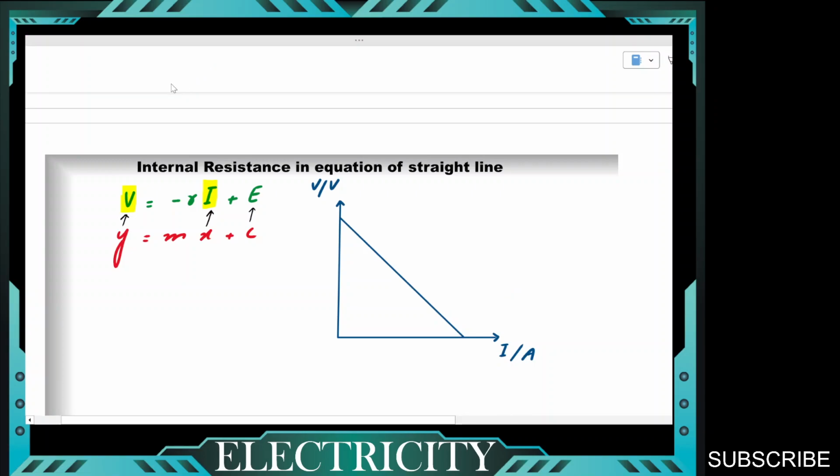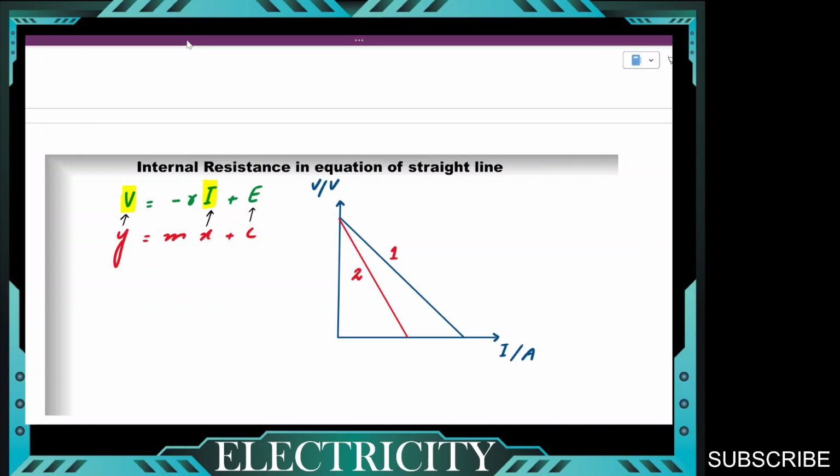Okay, this is a graph of one of the sources, and on the same axes I'm going to draw a graph of another source with different internal resistance. So this is your battery 1, the source 1, and this is your source 2. And before I comment on the sources themselves, let me just write this over here.